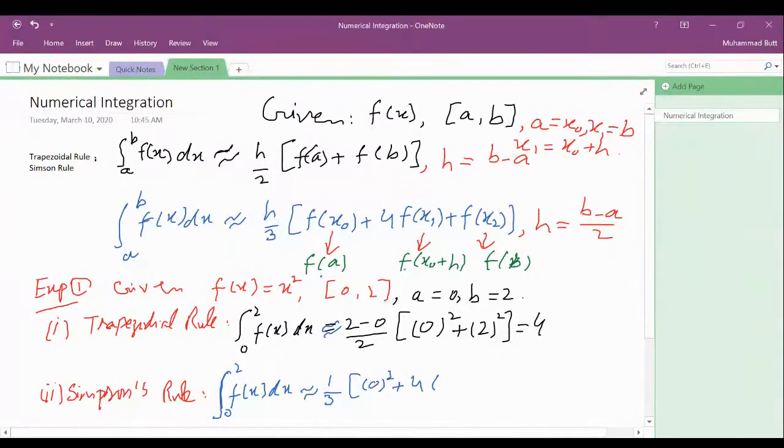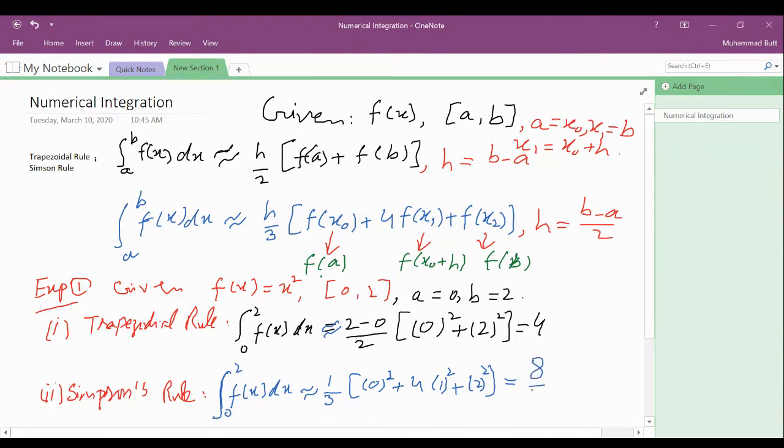Where it is x, you put just 1. So x square means 1 square. Then plus f of x2. X2 is b, which is 2, so 2 square. Now when you simplify this, you will get 4 plus 4.